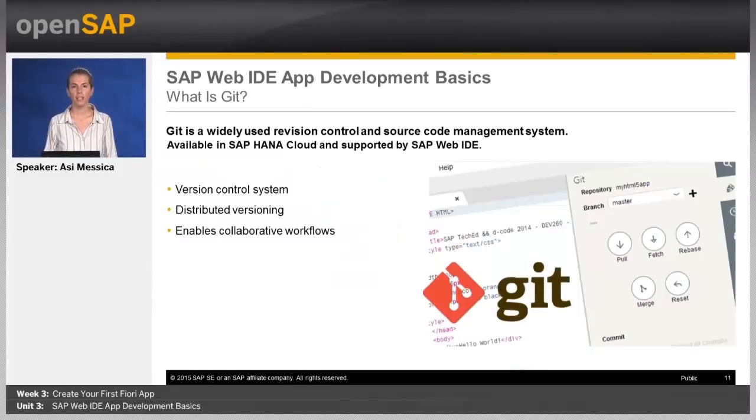The SAP Web IDE uses Git on SAP HANA Cloud Platform for version control. Version control enables the developer to keep the versions of a specific file or a group of files over time, and then if necessary recall a specific version later on.